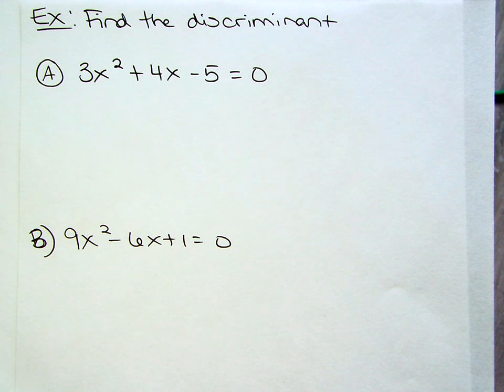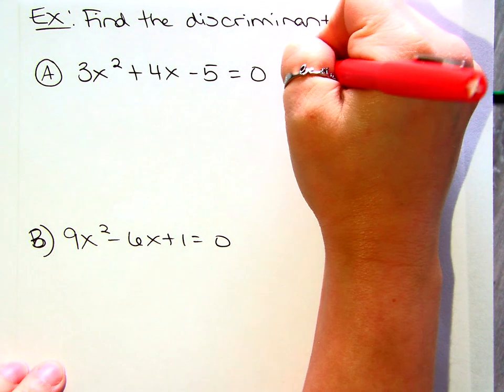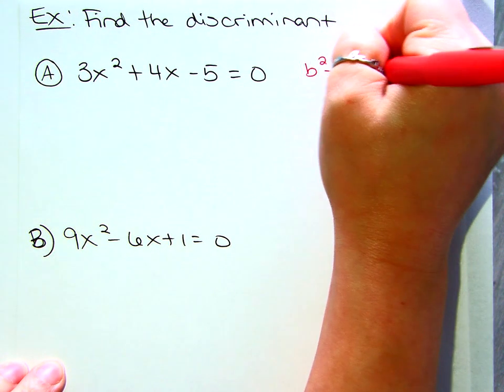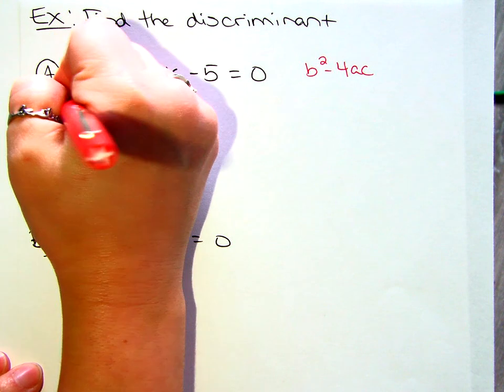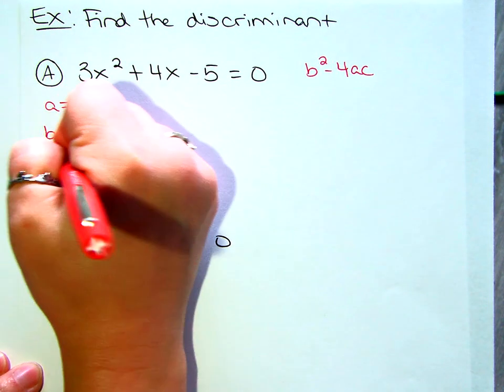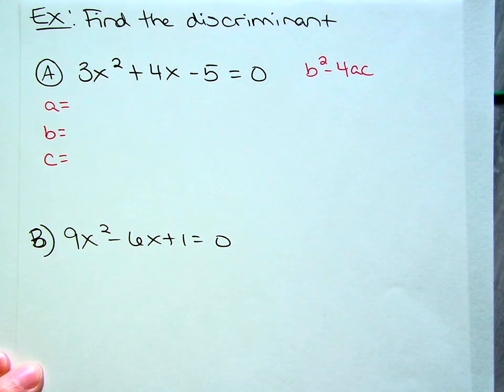So, how do you do this? Well, the discriminant is b squared minus 4ac. So we're going to approach these problems a lot like the quadratic formula, in that I'm going to make a list of what my a is, what my b is, and what my c is. And then I'm going to plug and chug. My a is 3, my b is 4, and my c is negative 5.